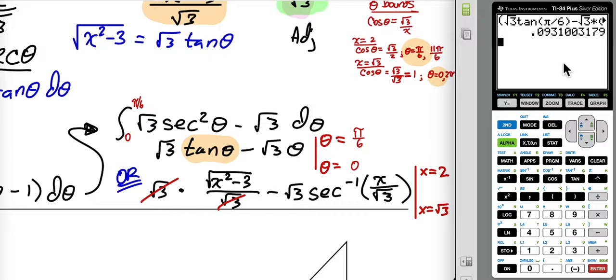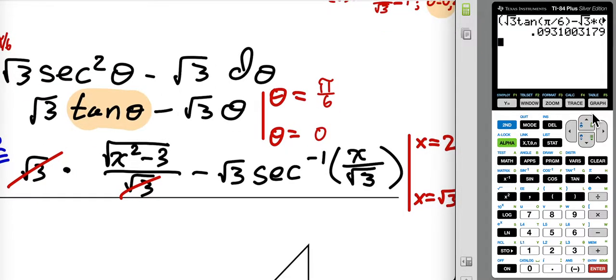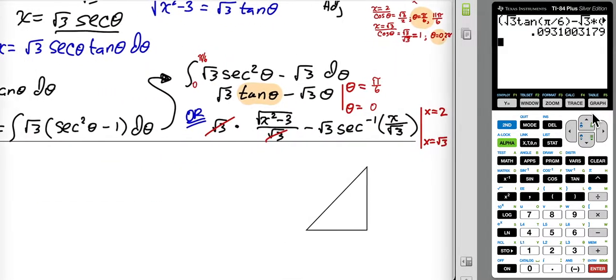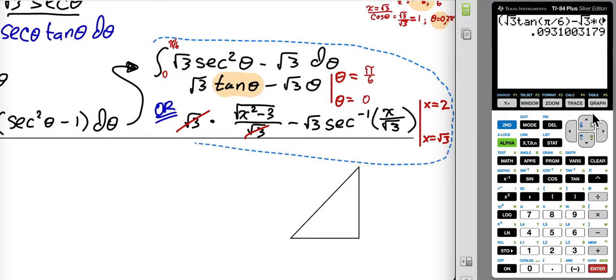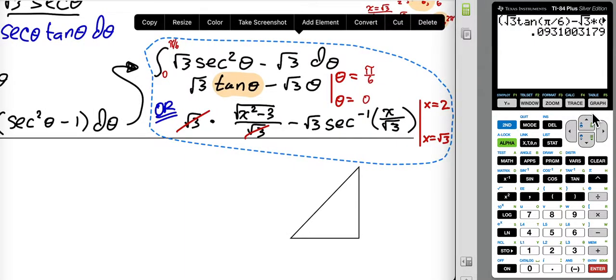Maybe you want something a little bit more exact. If that's the case, you could do it by hand, pi over 6. And actually, I'm going to shrink this down a little bit so I have some room to operate here. Pi over 6 has a tangent value of 1 over radical 3.